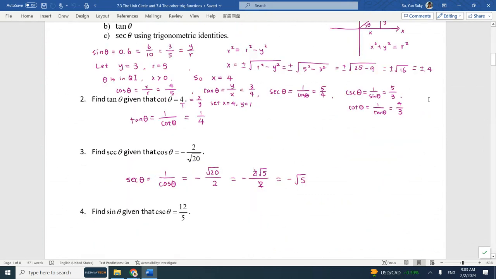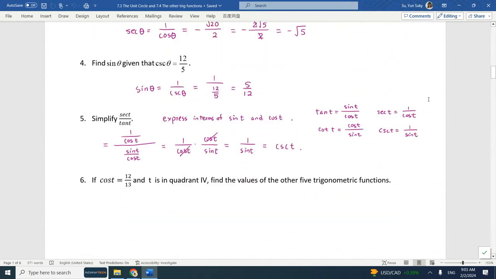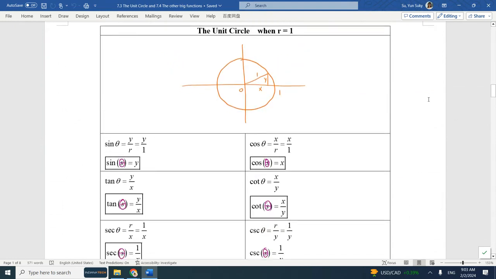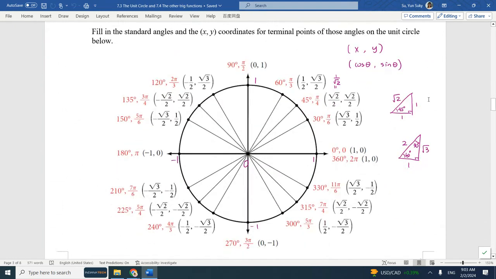Okay. So last time we also talked about the unit circle, and I asked you to practice this unit circle at home. Did you do that? Yes.